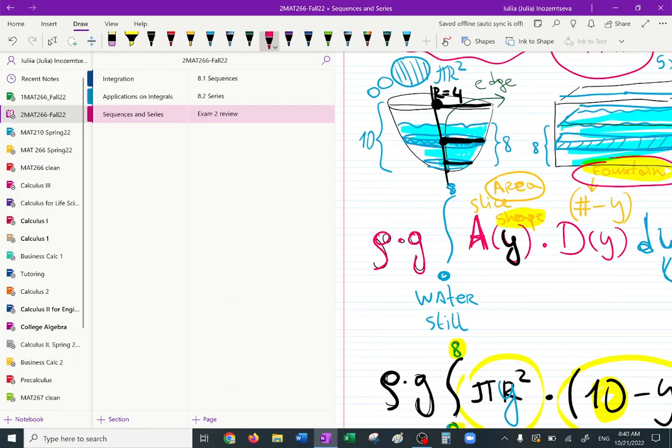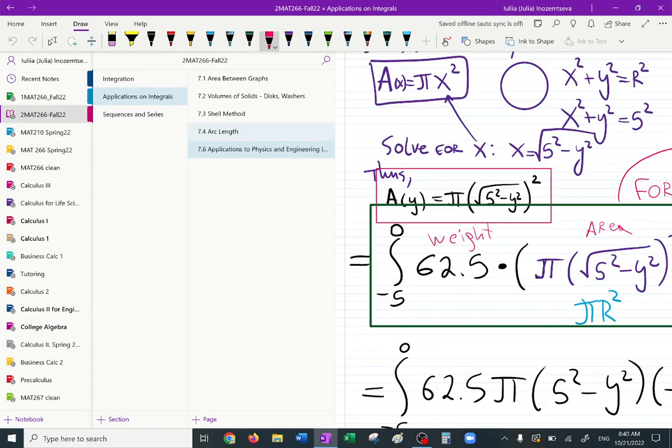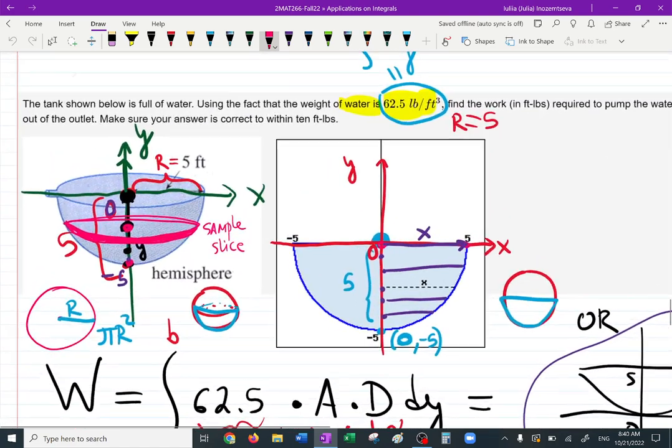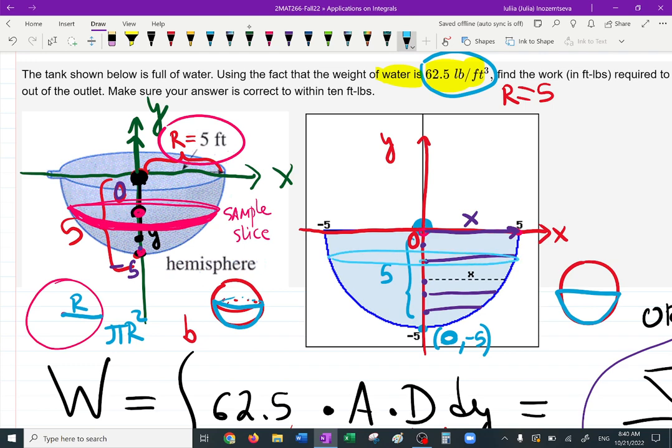Let me show you. In class, we did this problem for work. This hemisphere. For this hemisphere, they barely gave us anything. They just gave us that the radius is 5. That's it. So, unfortunately, each slice would have a different radius.